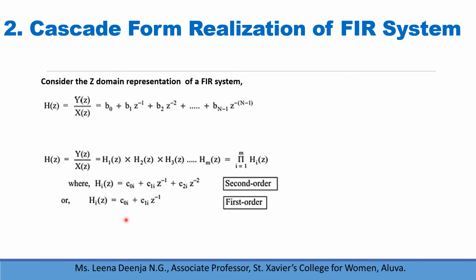If it is a first order polynomial, then it can be written as Hi of Z equal to c0i plus c1i Z raised to minus 1. The individual second order and first order sections we can realize either by direct form structure or cascaded form structure. The number of calculations and the memory requirement depend on the realization of individual sections.